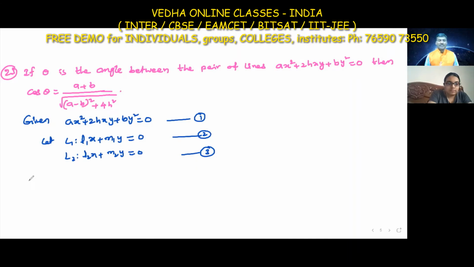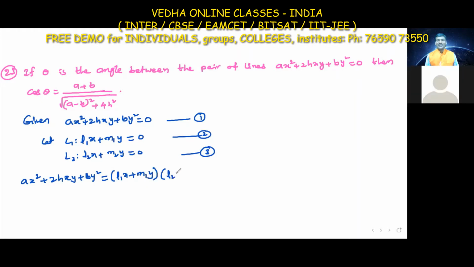So now I am taking equation 1: ax square plus 2hxy plus by square is equal to equation 2 into equation 3. Equation 2 is L1x plus M1y, and equation 3 is L2x plus M2y.